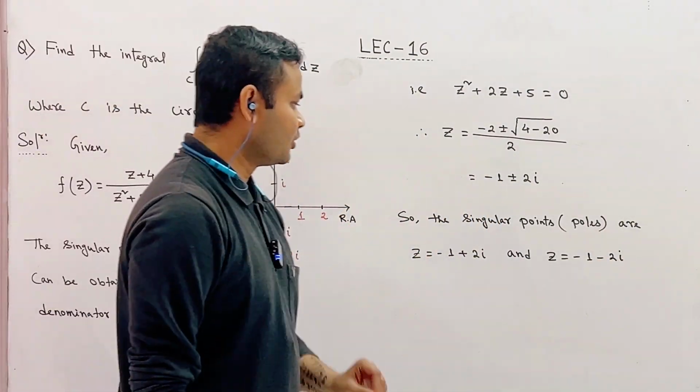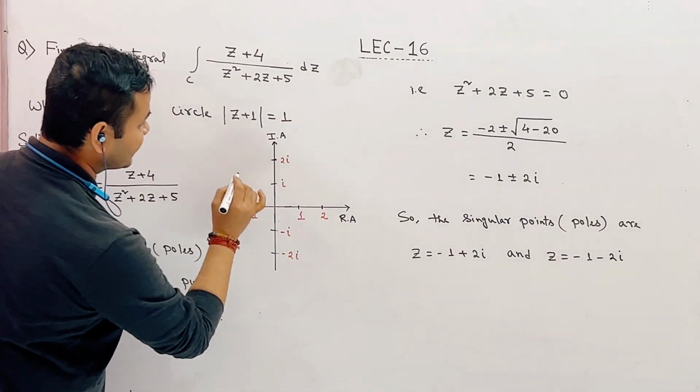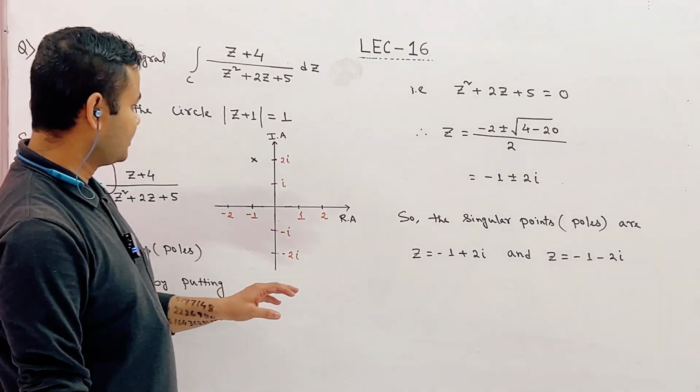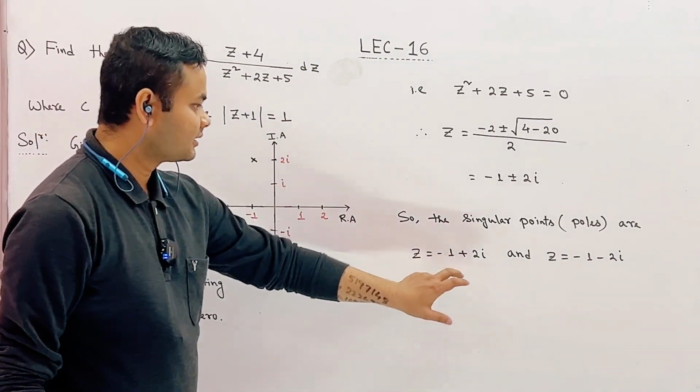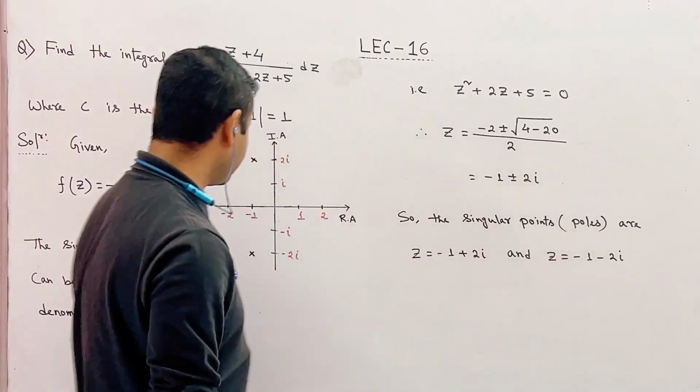These singular points will be located at these points on the z-plane. So, this is the location of this singular point and this is the location of this singular point.